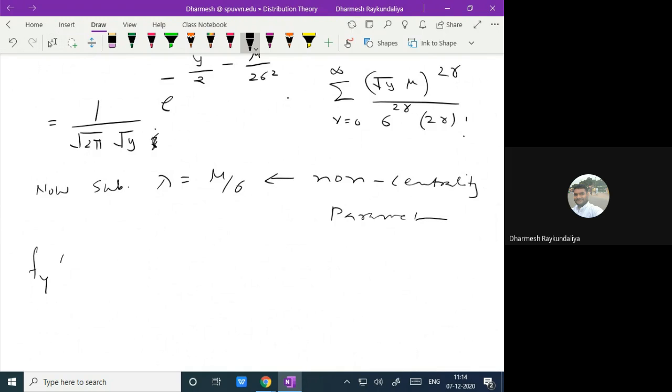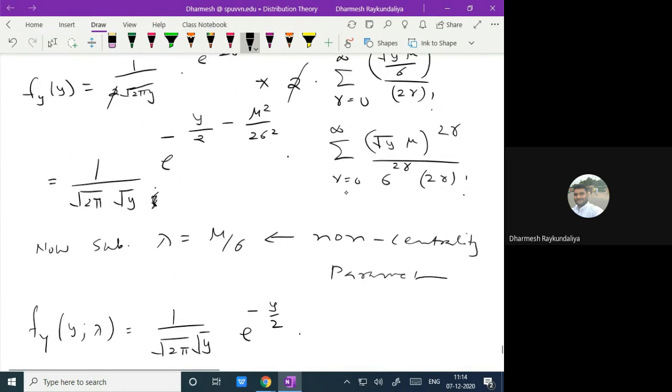So we get f_Y of y, lambda is 1 upon root 2 pi into root y e raised to minus y by 2 into e raised to, or you can say it is minus lambda square by 2. Is it? It is minus lambda square by 2. No. We will write lambda equal to mu square by sigma square.